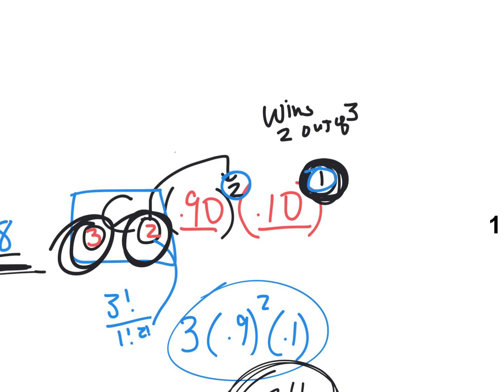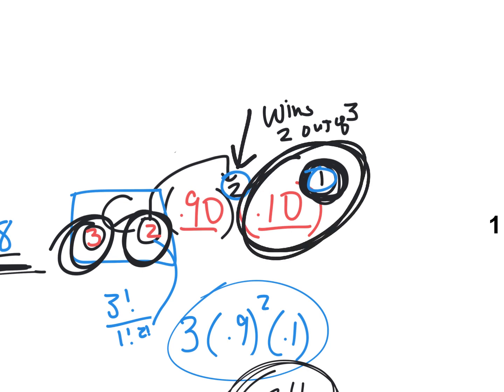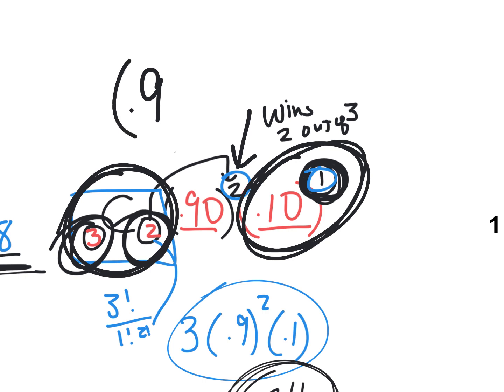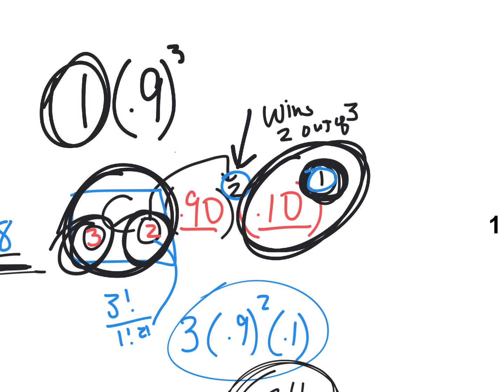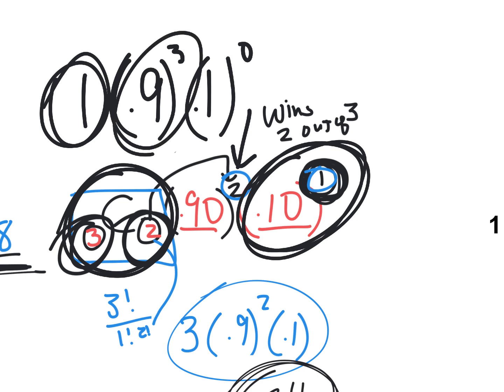The 0.1 is just to the 0 power, and 0.9 to the 3. 3C3 is just 1. So it's really just 0.9 to the third. He's right. There's a 1 after you calculate it. If you didn't know 3C3 was 1, you'd get 1 there. And then this is 0.1 to the 0, and that's just 1. So it's really just that.